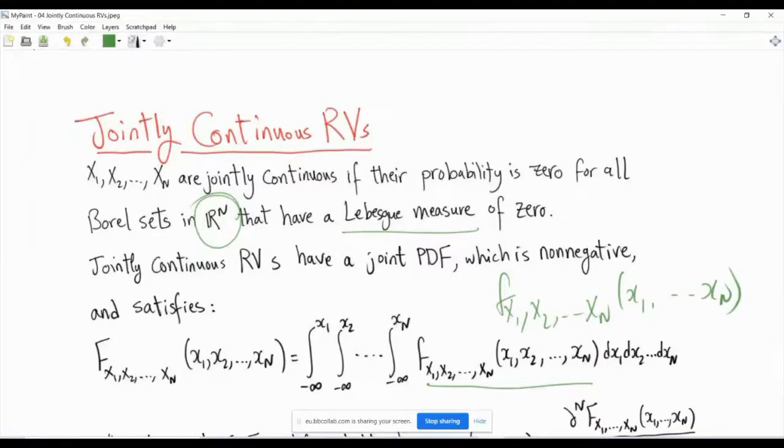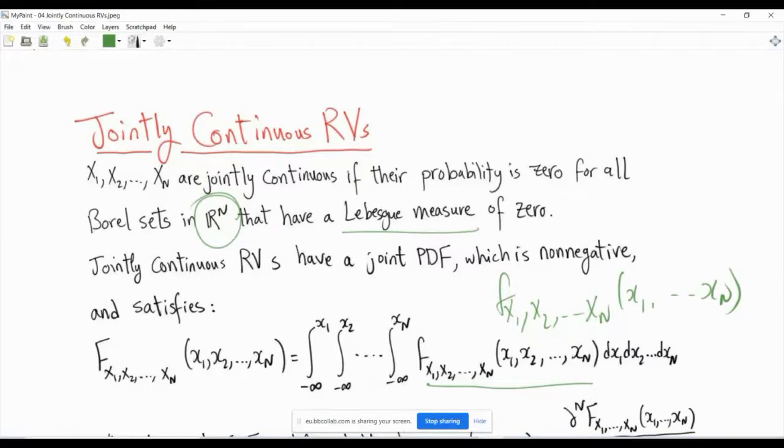It's like a PDF, so it's non-negative. It should be a non-negative function. It cannot be negative at some value. Strictly speaking, it cannot be negative on any subset of Rn that is of strictly positive Lebesgue measure. But it's not a probability.